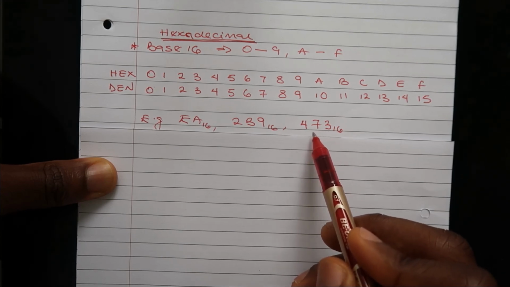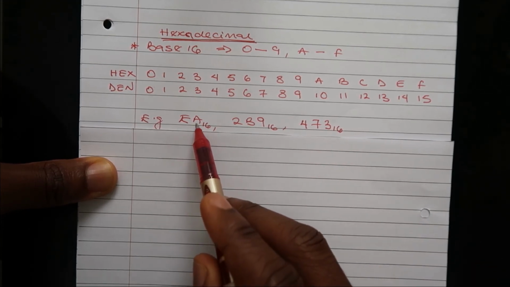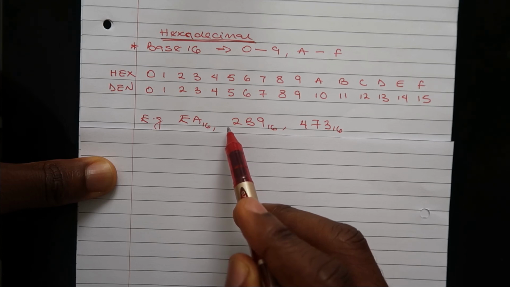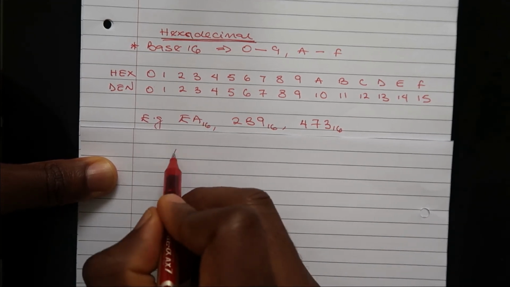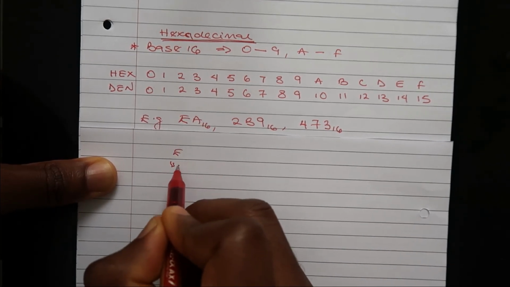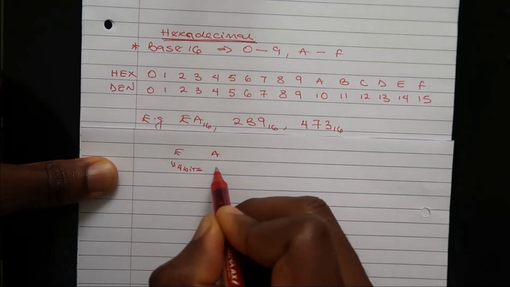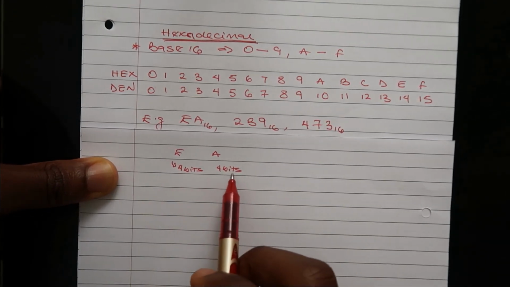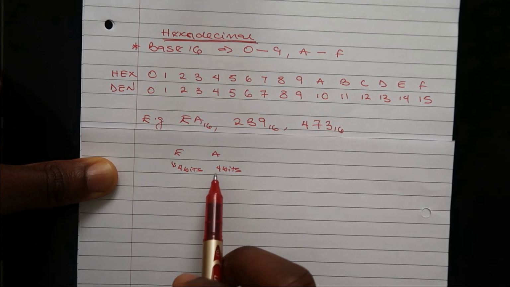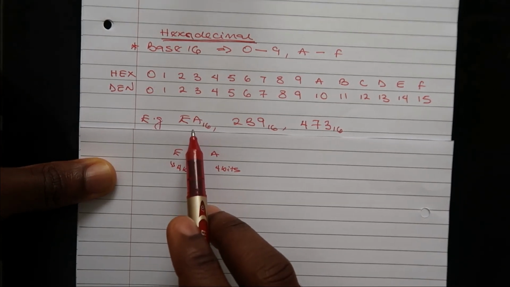This is actually 2B9 to base 16. Each value here represents 4 bits, a nibble. So E there represents 4 bits, and A there represents another 4 binary bits. So you can see we have shortened 8 binary bits there. 1 byte gives us 2 hexadecimal values.